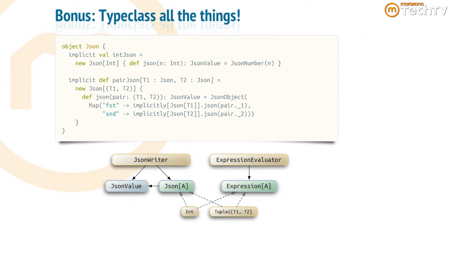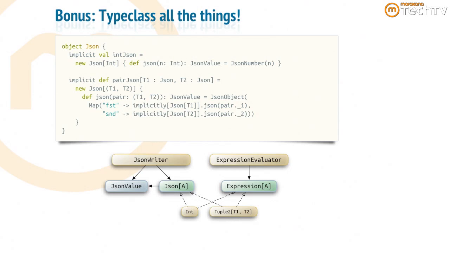So given that assertion, now we can call our implicitly method again to pull the JSON type class instances for T1 and T2 out of our implicit scope. We'll call .json on those, and thus we can convert the first and second elements of our pair to JSON recursively. Another thing to point out here is that this is open to extension.